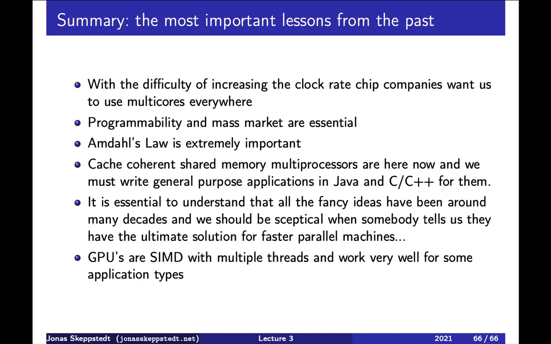So, summary. What can we learn from the past? Firstly, the difficulty of increasing the clock rate makes chip companies want us to use multi-core everywhere. Okay? To be a commercial success means it must be easily programmable and sufficiently fast.